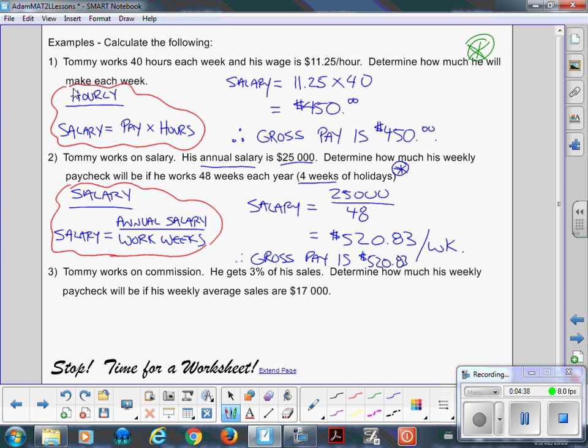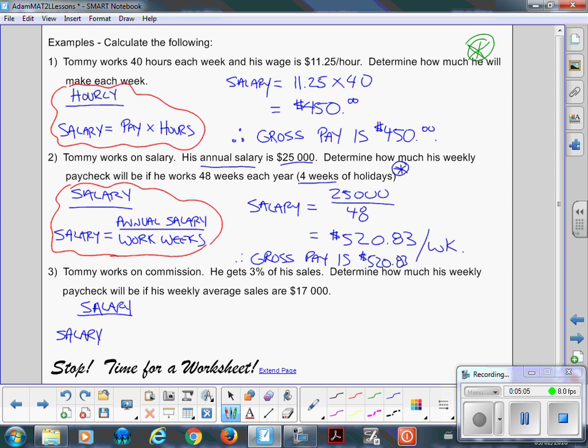So the company says, you know what, we'll give you 3% of sales. So what's his weekly paycheck if he averages $17,000 in sales? So he looks at his history at the job and says, you know what, I average 17,000. So I'm not sure what job he's doing here for 17,000, but maybe he's in real estate. So how do you calculate this? Well, you already know this from before.